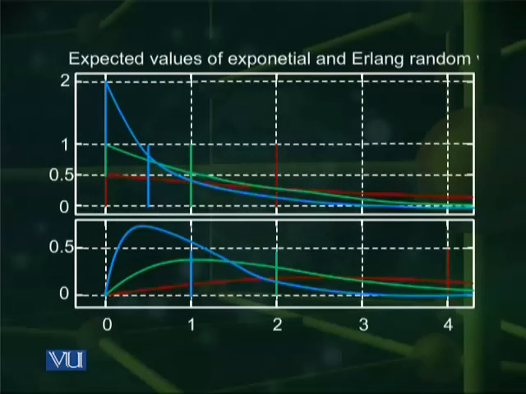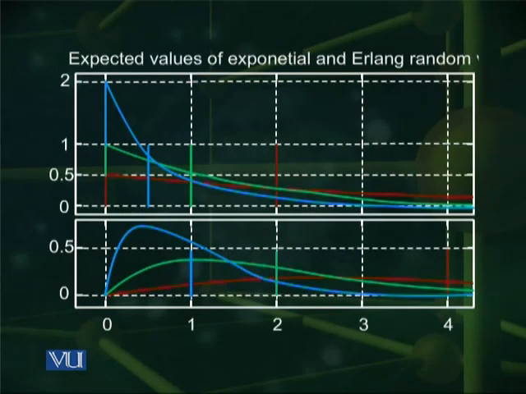It is a very simple mathematical calculation to find the mean value of an Erlang type random variable, and for an Erlang variable with parameter lambda, the mean value is 2 over lambda. So for these 3 random variables with lambda equal to 0.5, 1 and 2, the mean values are located at 2 over 0.5, which is 4, 2 over 1, which is 2, and 2 over 2, which is 1.